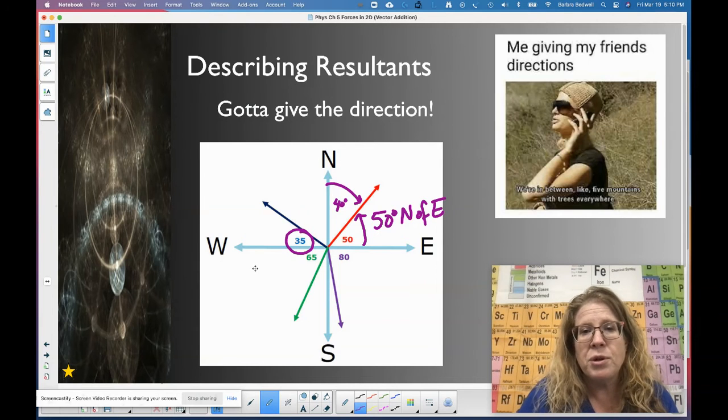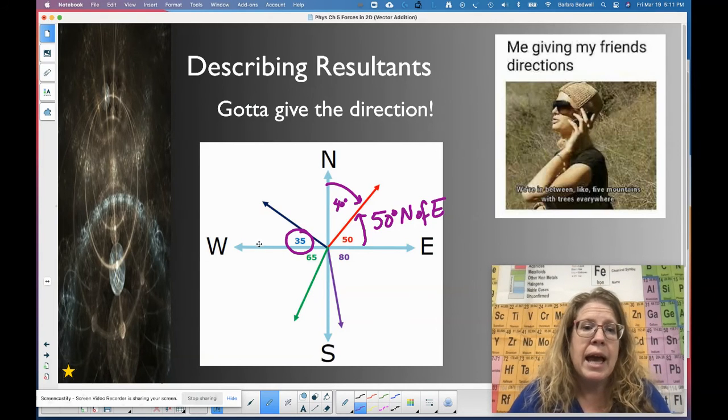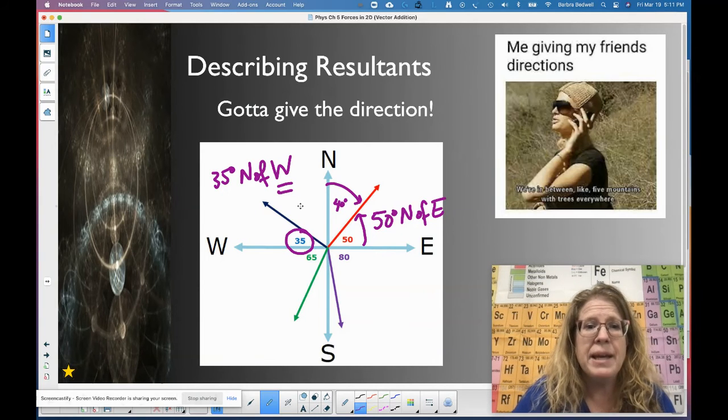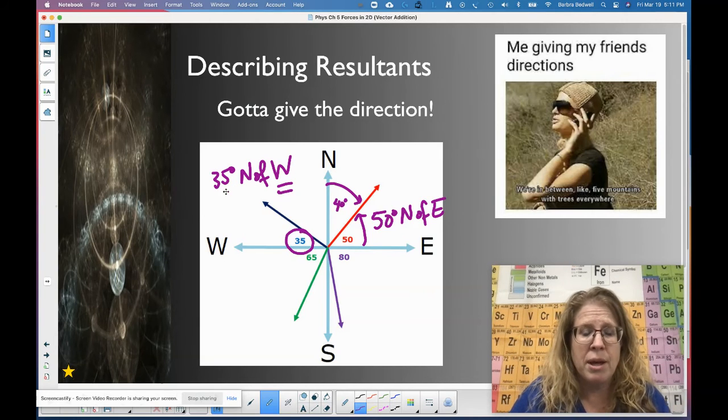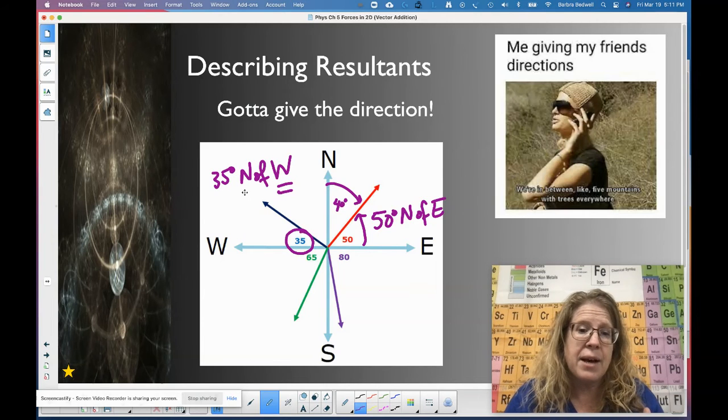Is it 35 degrees from north or 35 degrees from west? This particular one here is 35 degrees from west. And now it's north of west, not south of west. So this would be 35 degrees north of west. This being the main direction that you're heading, this is the turn direction. Am I turning 35 degrees to the north or 35 degrees to the south?